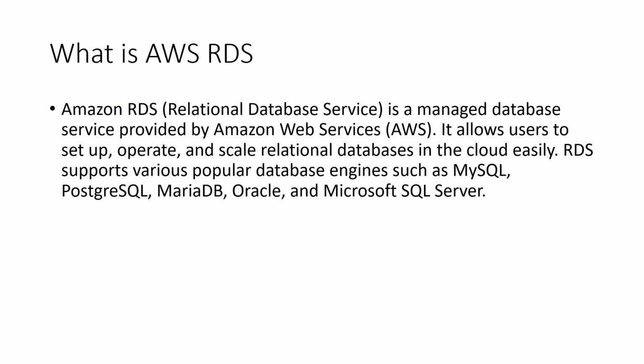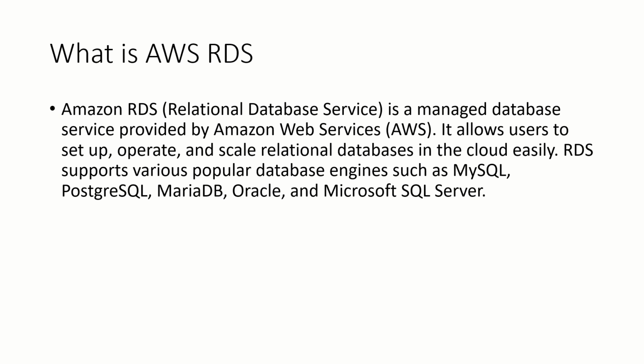AWS RDS is a managed database service provided by Amazon Web Services. It allows users to set up, operate, and scale relational databases in the cloud easily. So RDS is a service provided by AWS which helps us in setting up, operating and scaling our database in the cloud.